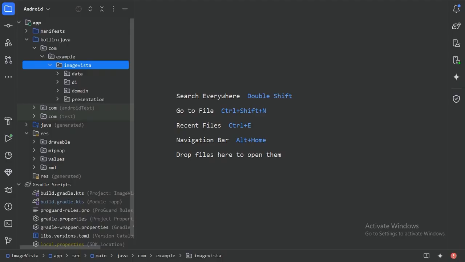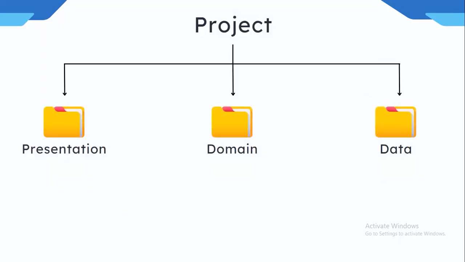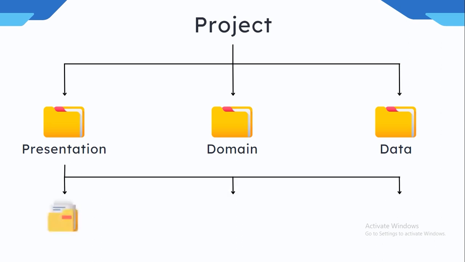And here in our application, we can see we already have divided our whole application code in these three packages: data, domain, presentation. Now next, let's look at each layer, what components it contains. Presentation layer has components in the form of composables, where we define the UI and handle user interactions.